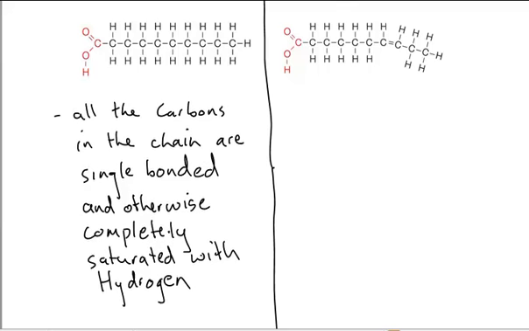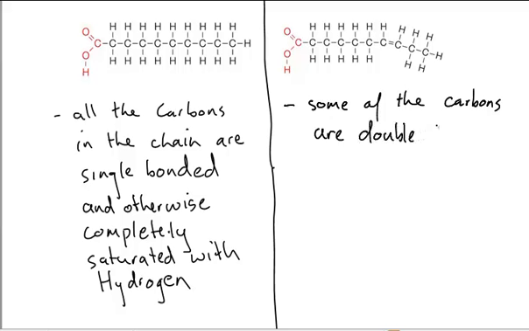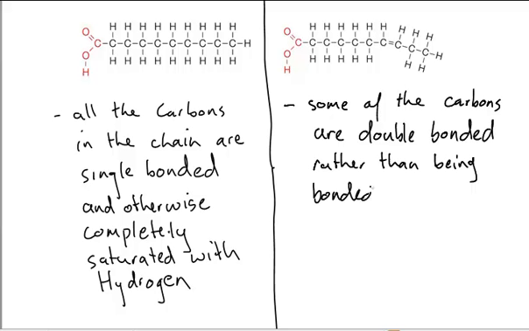In contrast, if we look over at the unsaturated chain, some of the carbons are double bonded, meaning they're sharing 2 pairs of electrons, rather than being bonded to hydrogen atoms.